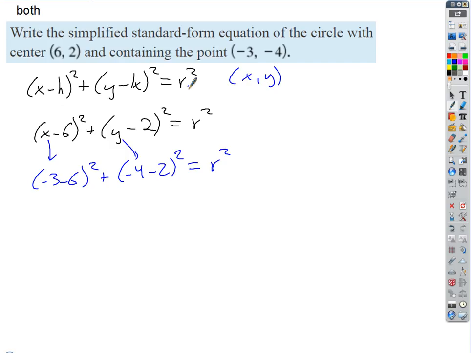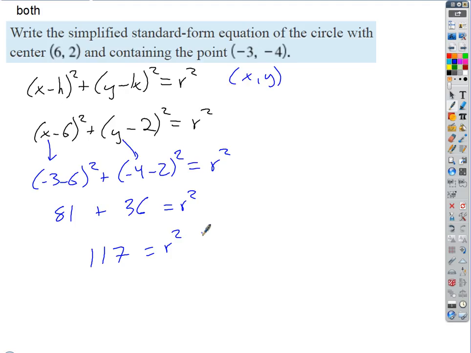So what do we get? -3 minus 6 is -9. -9 squared is 81. -4 minus 2 is -6. Squared is 36. 81 and 36 is 117. So then we'd end up with r squared equals 117.